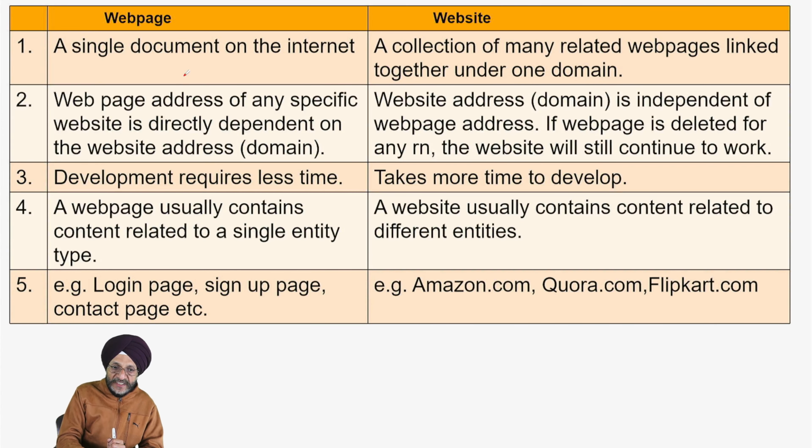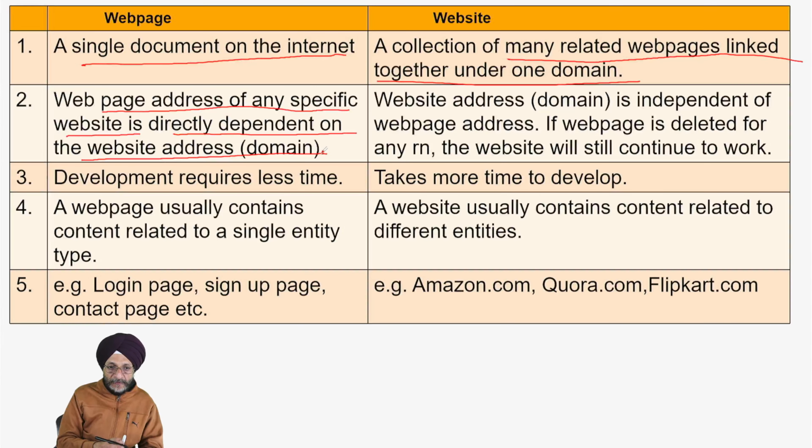A web page is a single document on the internet, whereas a website is a collection of many related web pages linked together under one domain. The web page addresses of any specific website are directly dependent on the website address. The website address is independent of the web page address.